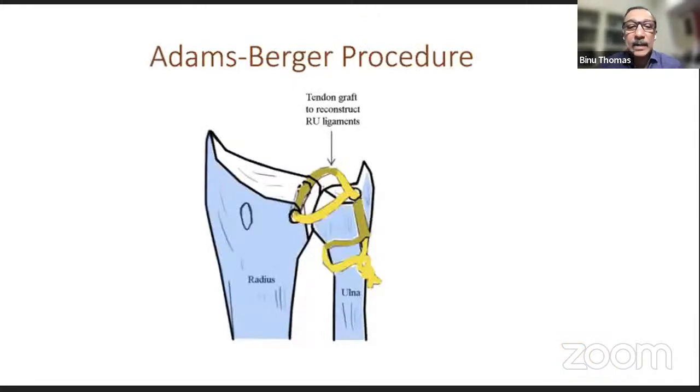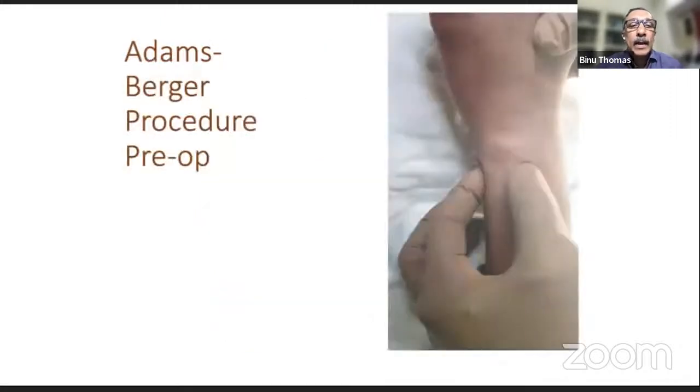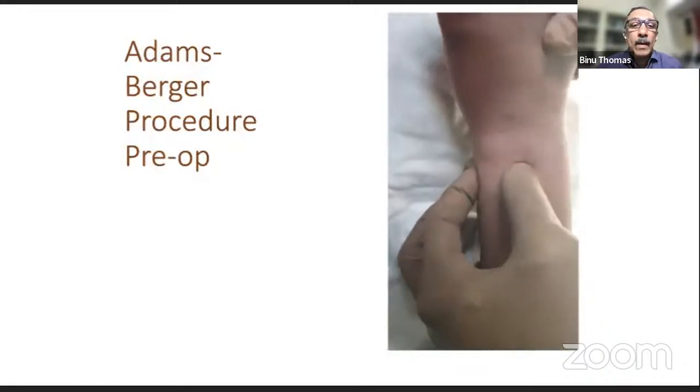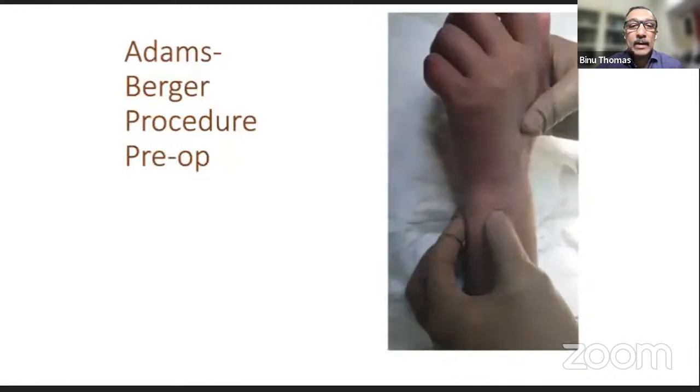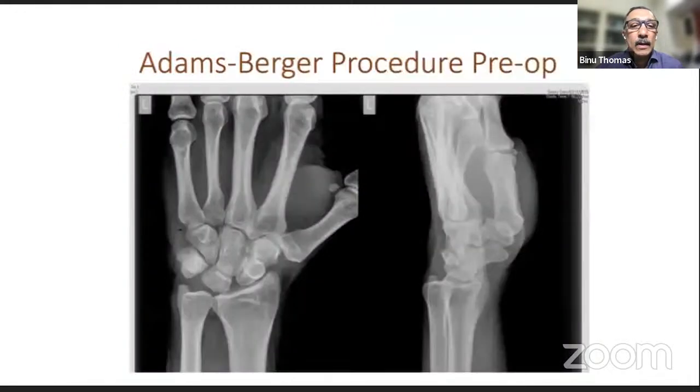This is the diagrammatic representation where the tendon grafts reconstruct both the dorsal and the volar radioulnar ligaments through this procedure. Here's a patient, again a physician, who developed chronic instability, and you can see the frankly unstable joint preoperatively. That was a view you can see again.